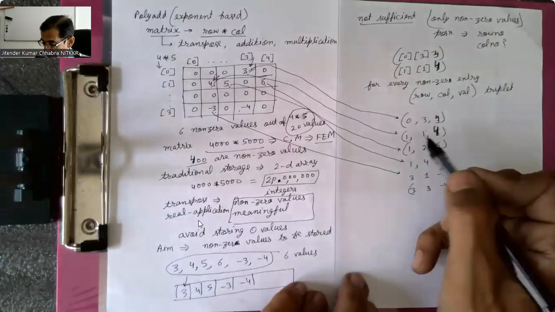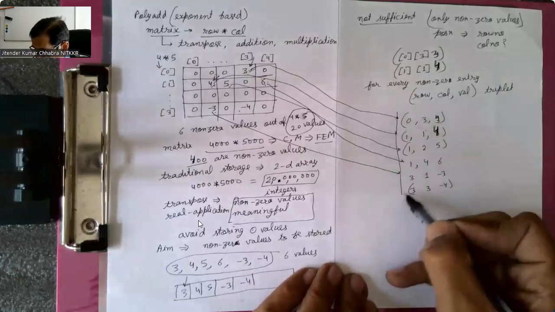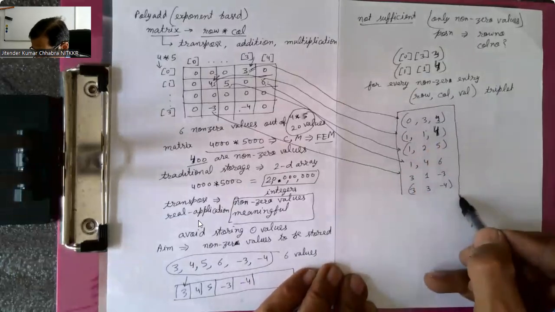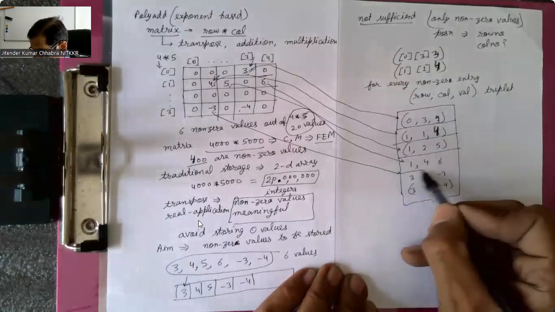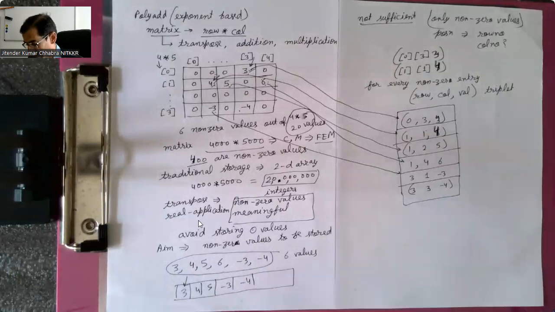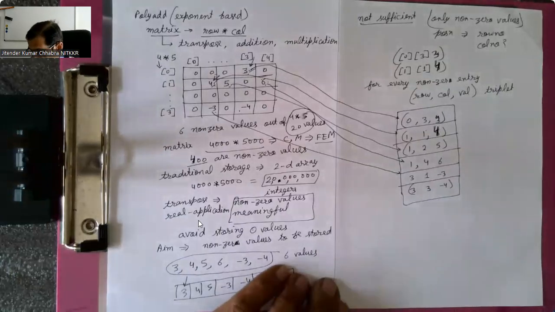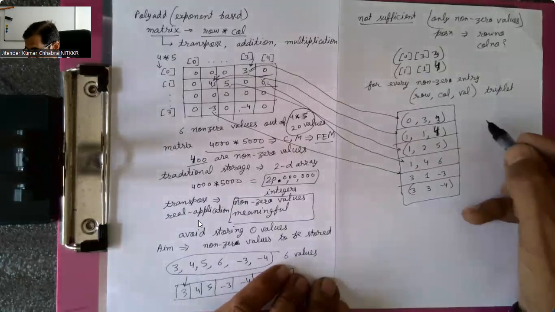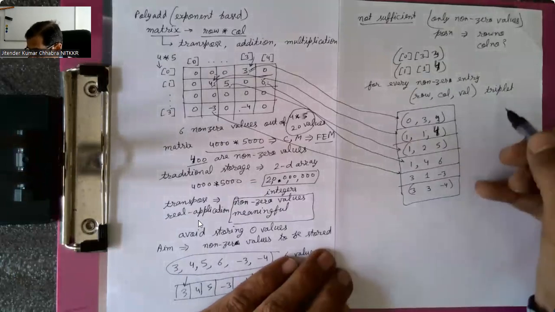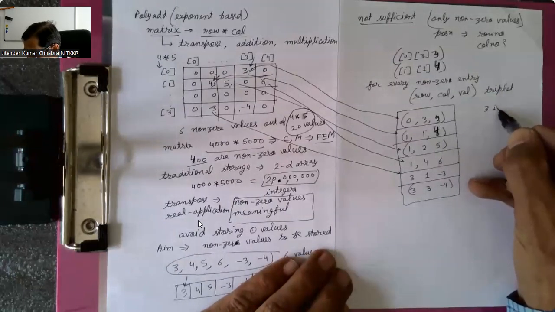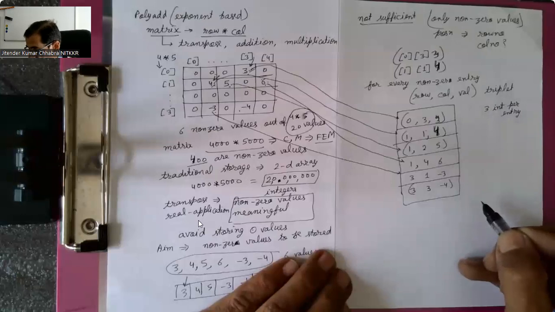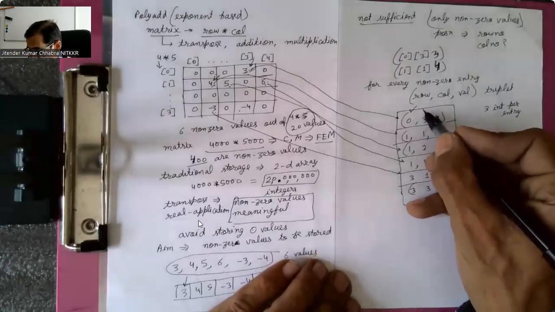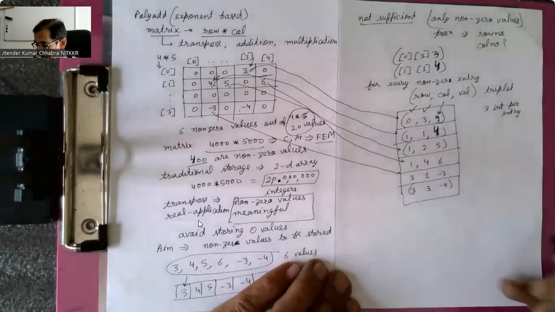Now, I want all these values to be stored. So probably I need something like this. From here, you can easily see that this storage effectively requires 3 int values per entry: one for its row number, one for column number, and one for the value.